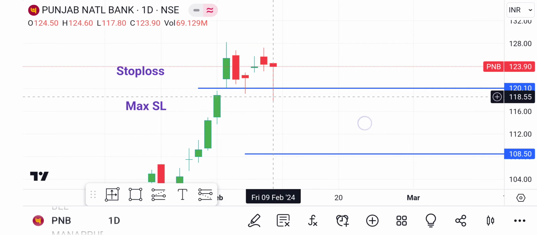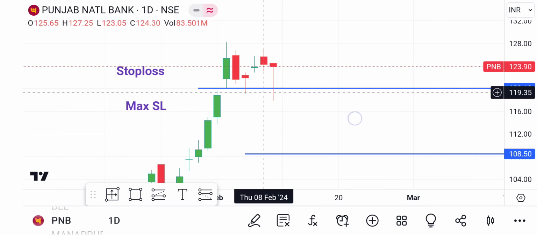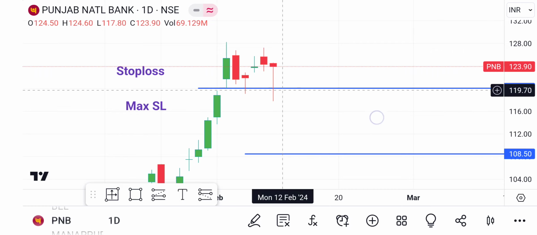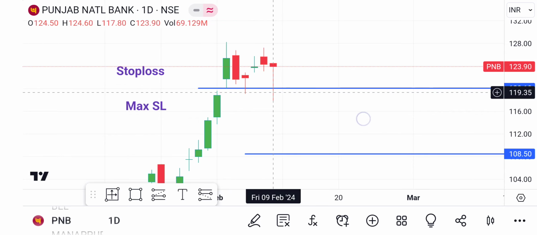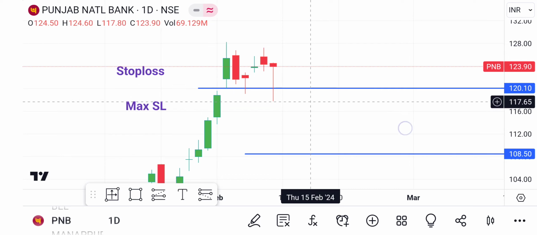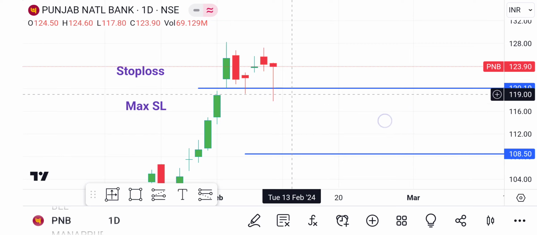So this is why I'll tell you to confirm the closing candle below this SL. The candle has to close below 120.10 for the trade to be invalidated.